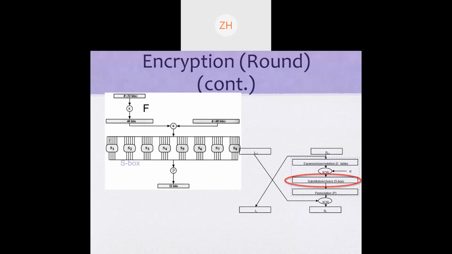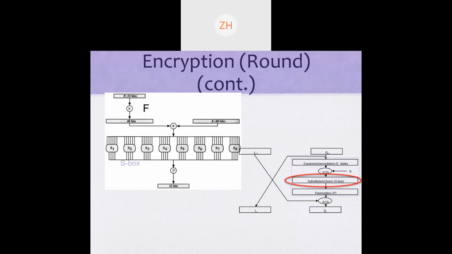1, 2, 3, 4, 5, 6 enter S box 1. Another 6 bits enter S box 2. Another 6 bits S3, until finish S8. So the total will be 48 bits. But the output from each S box, as you can see, is only 4 bits.